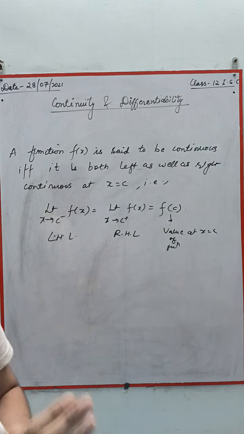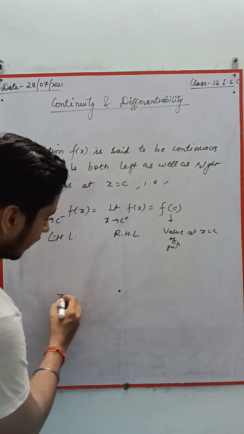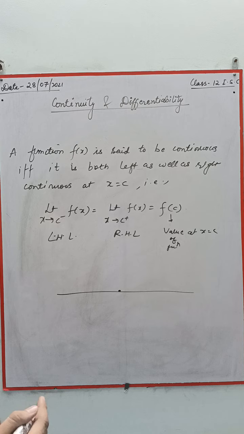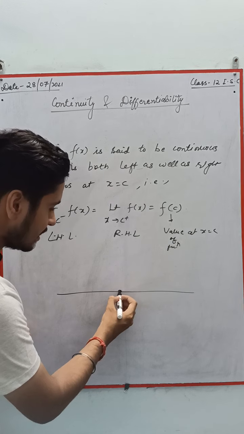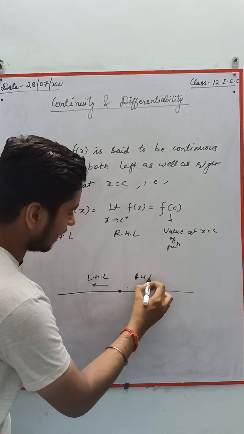We know that a point x on a real axis can be approached in two ways: either from the left side or from the right hand side.